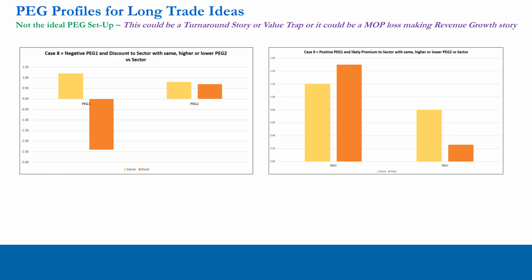With case number 9, this is where PEG becomes less important to our analysis as traders when we're looking at long trade ideas, because the numbers can just be very wild, okay? So think about period number 1 in terms of the PEG 1.